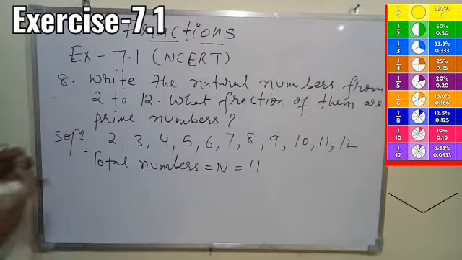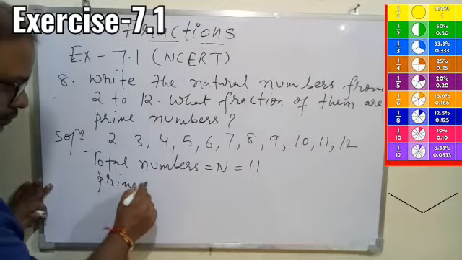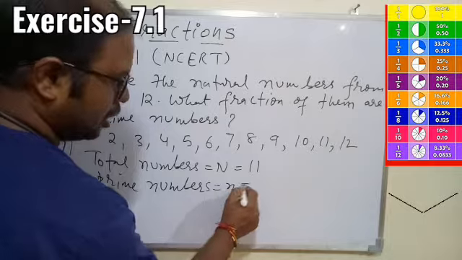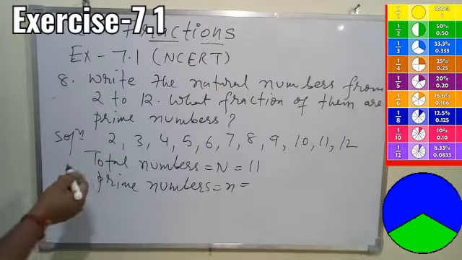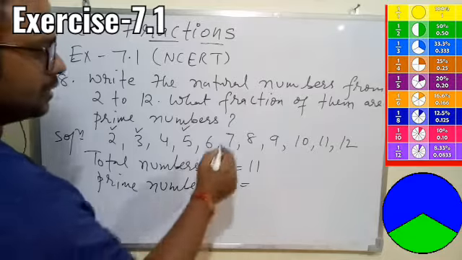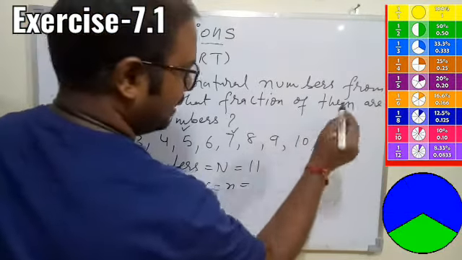Now out of this, how many prime numbers do we have? Let's find out. We know the very first prime number we have is 2, then 3, 5 also, then 7, and 11.